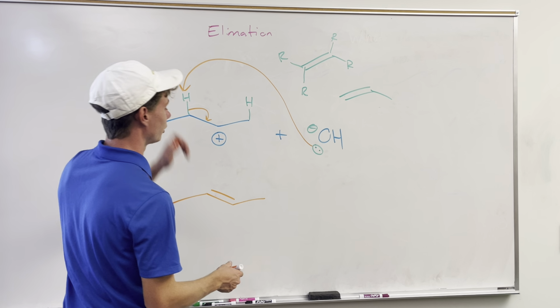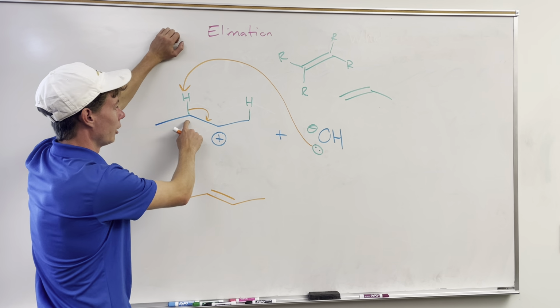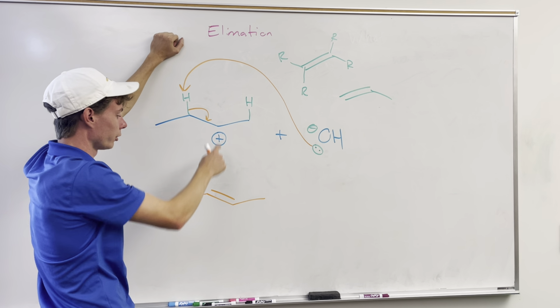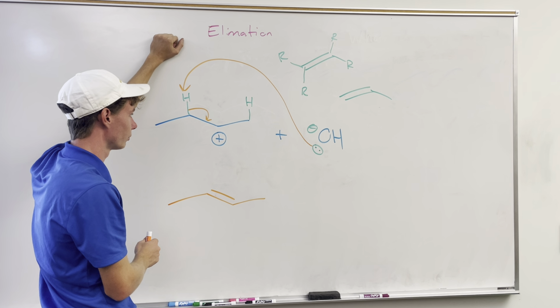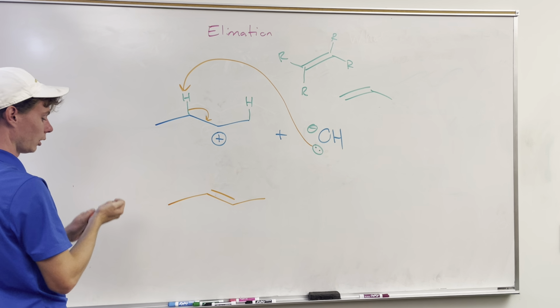All I did, I took this hydrogen here, now I've made water, I took that hydrogen away. Now this carbon's only making 3 bonds, but I'd established a double bond, and now they're both making their 4 bonds, fulfilling their octet, okay? So this is the product I make if I use the orange hydrogen.